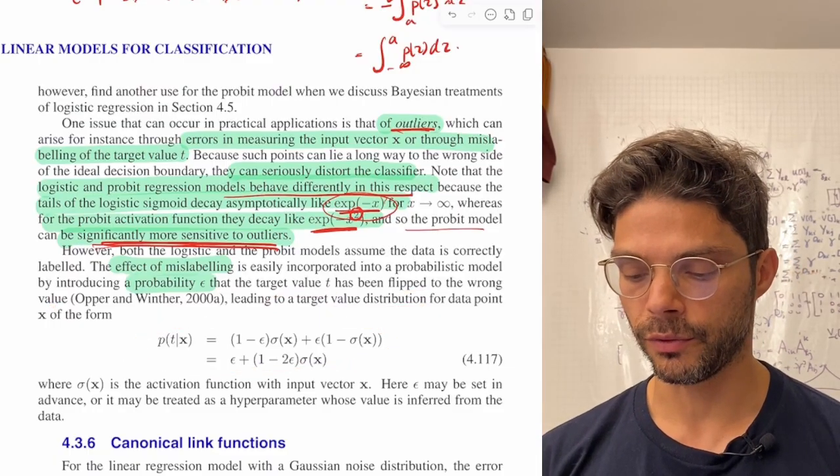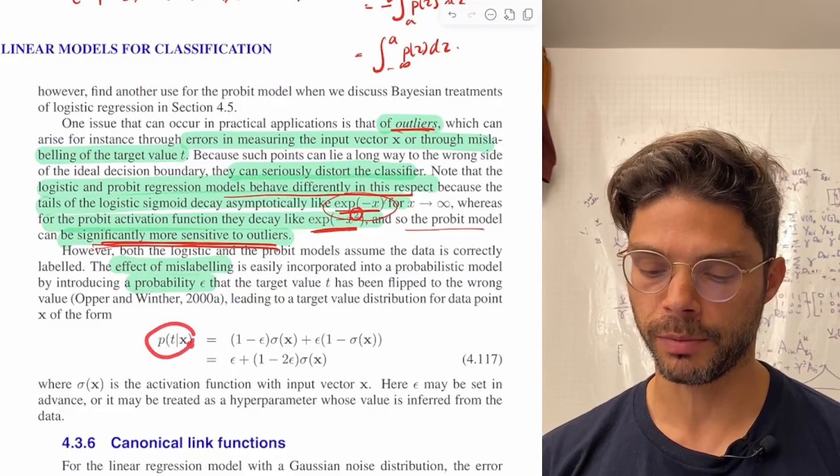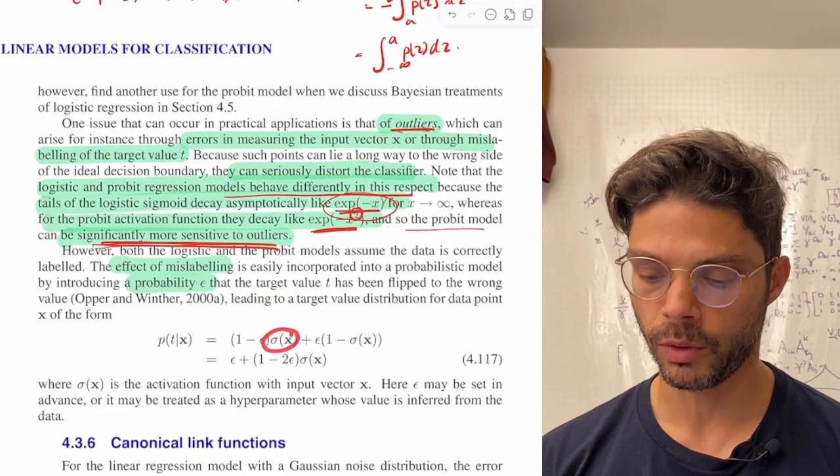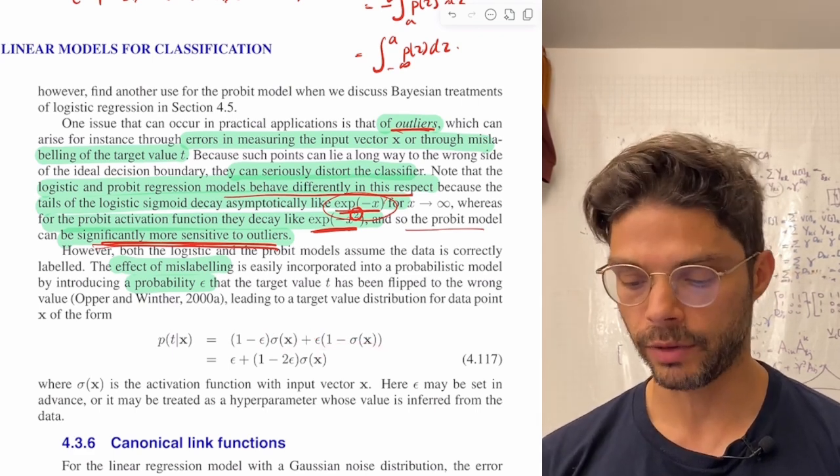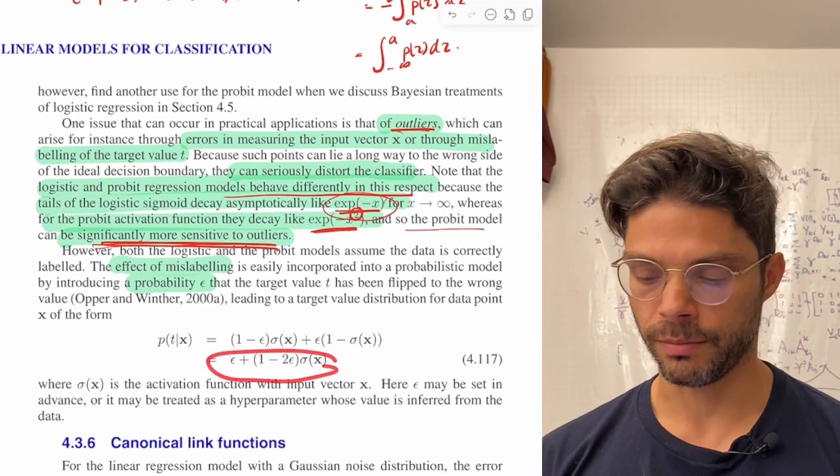So if it hasn't been flipped, then your probability of t is going to be your normal one. Otherwise, with some flip probability, it's going to be 1 minus sigma, 1 minus what you had, right? And you can just combine it this way.